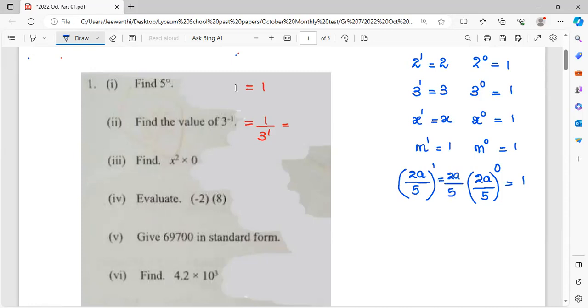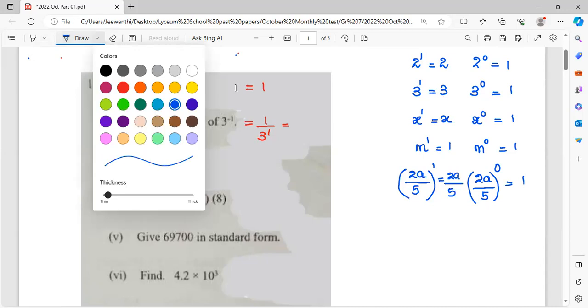Hope it is clear for all of you. When the index is 1, it always takes the base value as the answer. Earlier we learned that when the index is 0, whatever the base value, the answer is equal to 1. But if the index is 1, the answer is equal to the base value.